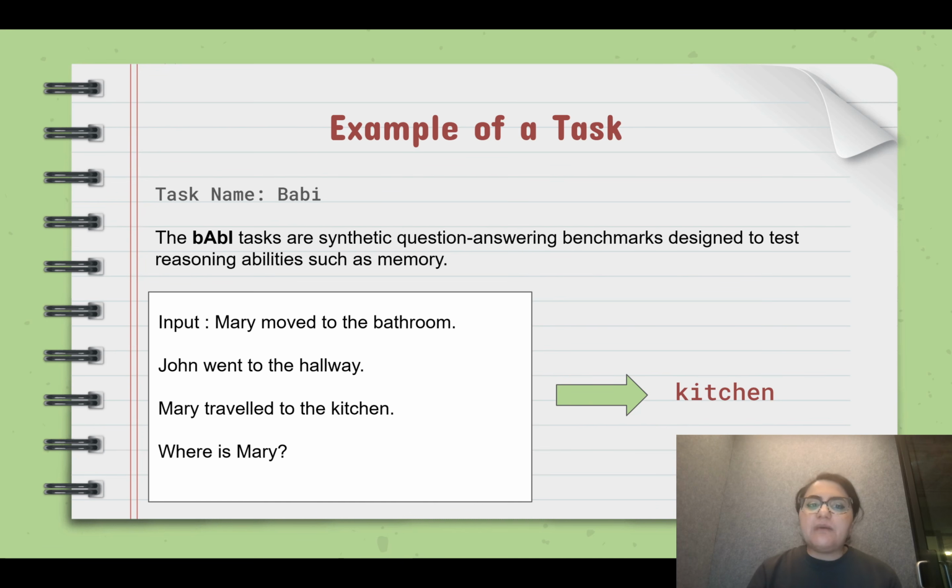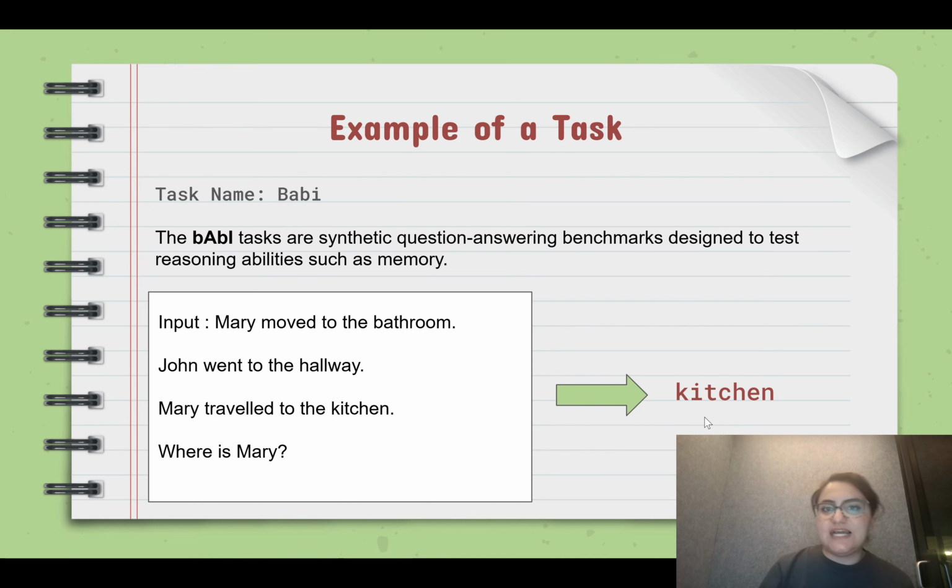This is one of the examples of a task in lm-eval-harness. The task name is baby. This is a task for synthetic question answering benchmarks, and this is one of the samples of this task. The input is: Mary moved to the bathroom, John went to the hallway, Mary traveled to the kitchen, where is Mary?